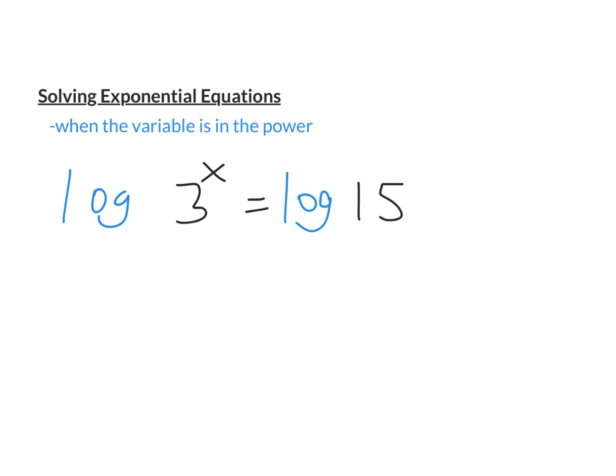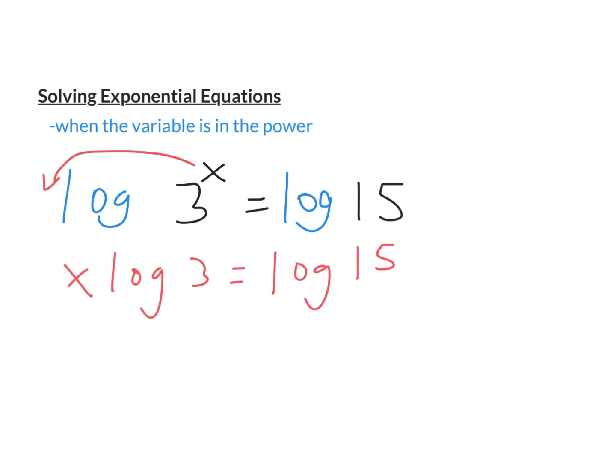Now, when I take the log, when I have a log of an exponent, like we do over here, what happens to this power? It goes in front, right? Our power property tells us it goes in front. So we took the x that was a power and we made it a regular number now.